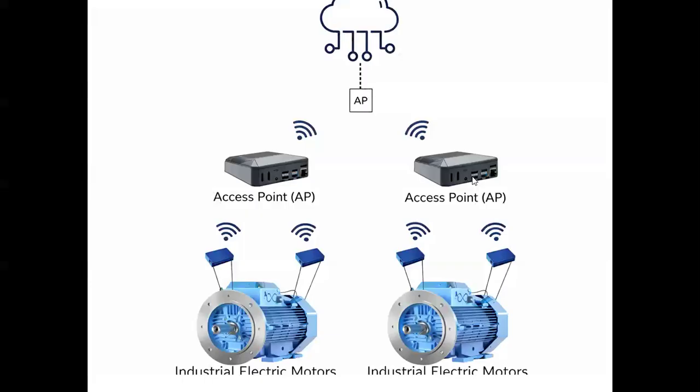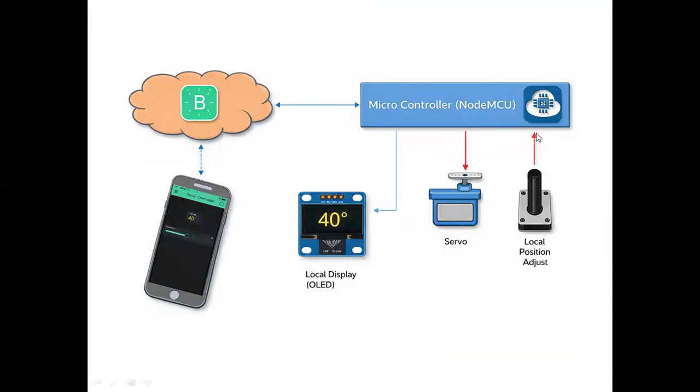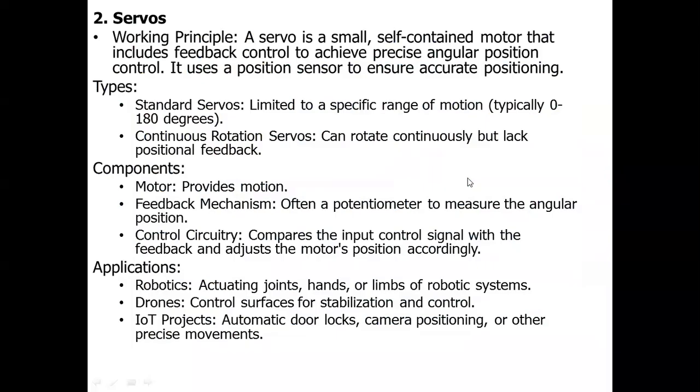The angular change will be done based upon the input. It uses a positional sensor to ensure accurate positioning. Standard servos typically have only 0 to 180 degrees of alignment. Others have continuous rotation.